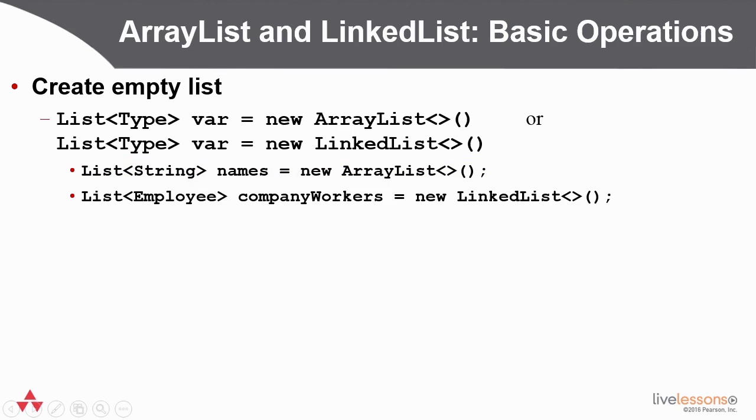Why did we say List here, but ArrayList here? Or we might say we have a list of employees. We'll call it companyWorkers, and it will be a LinkedList. Well, that's the same question. Why did we say List on the left-hand side, but LinkedList on the right-hand side?